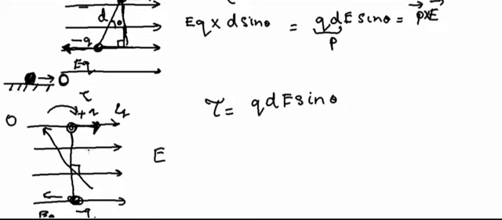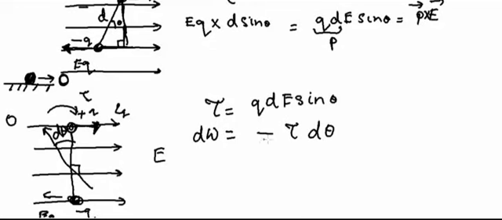So, whenever this dipole is rotated by a small angle, say this very small angle d theta, then the work done is dW equal to minus tau d theta.